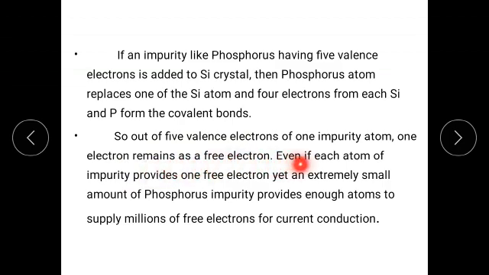It is observed that each impurity atom provides 1 free electron, so even an extremely small amount of phosphorus impurity provides enough atoms to supply millions of free electrons for current conduction.